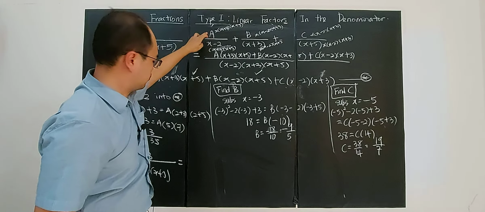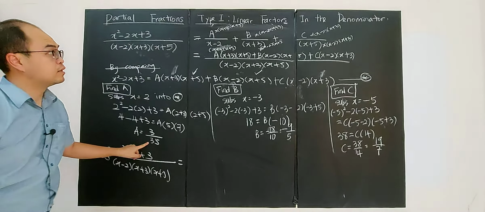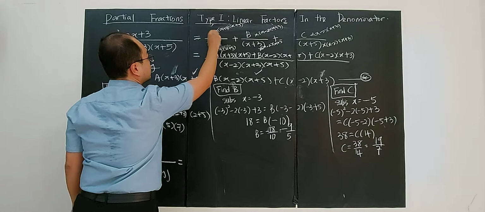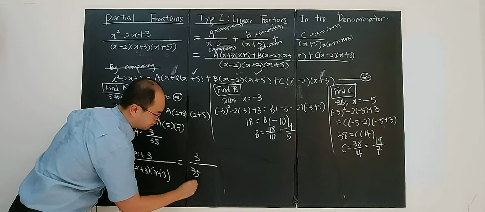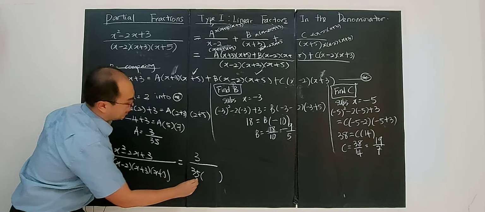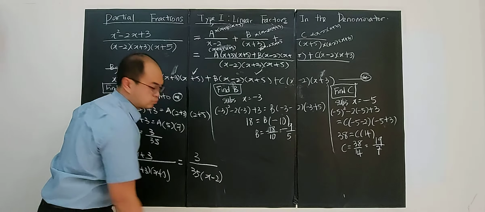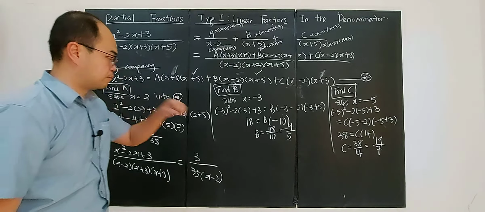Your A will be 3 over 35. So we rewrite as 3 over 35, putting the 35 on the denominator, over x minus 2, right?